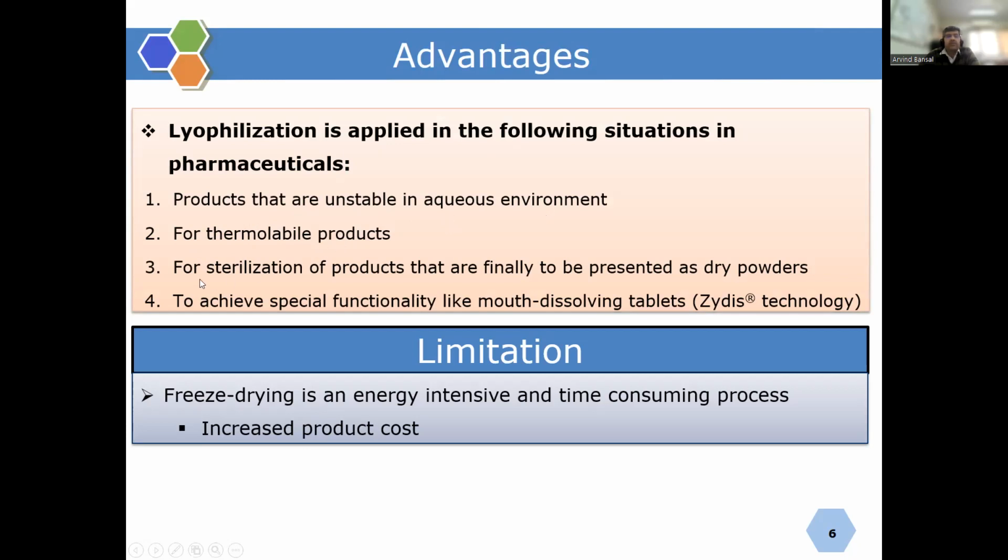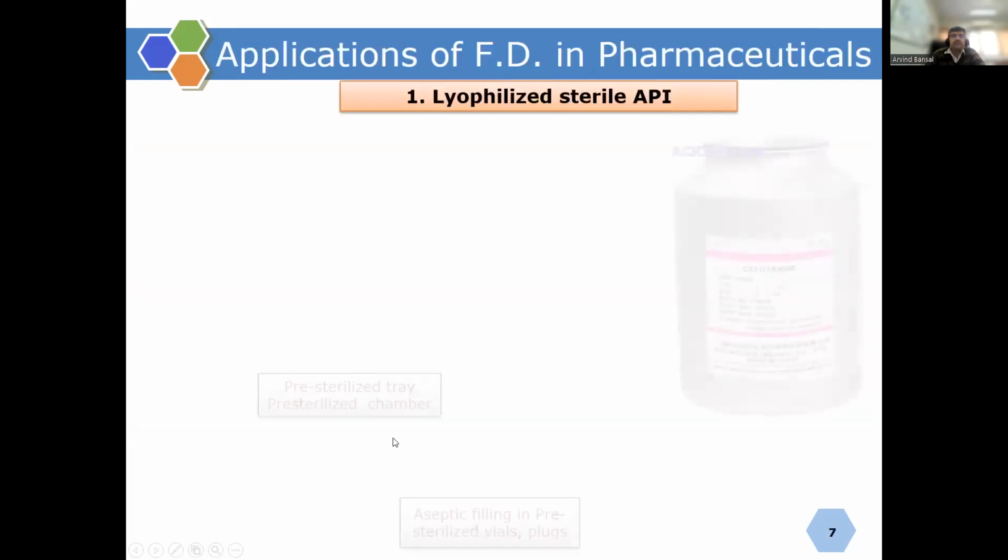It is also commonly used for sterilization of products that are finally to be presented as dry powders, especially dry powders for parenterals or dry powder for injection, and to achieve special functionality like mouth dissolving tablets, as is the case in Zydis technology, which was discussed in a separate lecture. The limitation of lyophilization is that it is an energy intensive and time consuming process and increases the cost of the product.